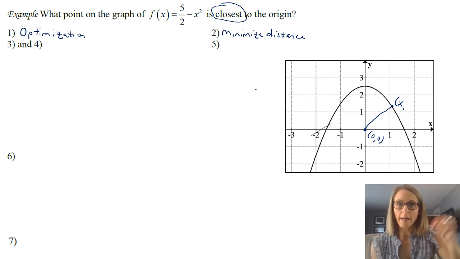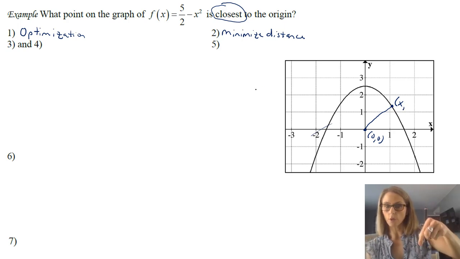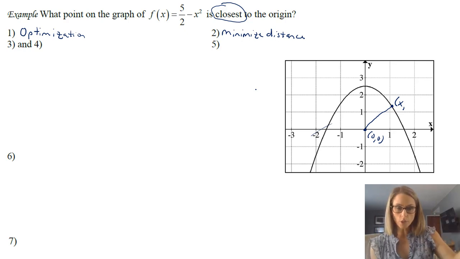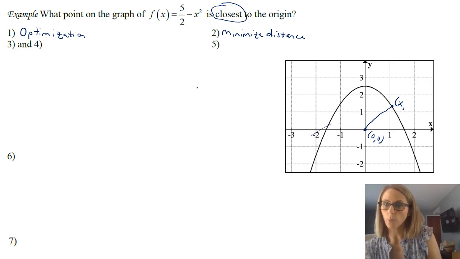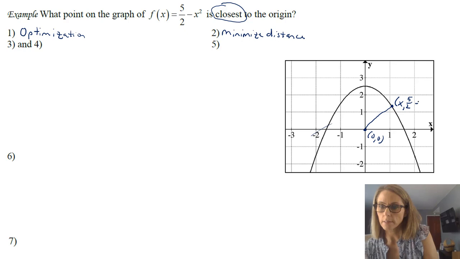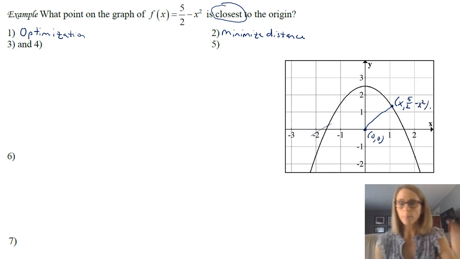But remember, y is just whatever the function values are, and in this case the function is 5/2 minus x squared. So we can also just write 5/2 minus x squared for the y value, and that puts us into one variable very quickly, which we do like to be able to do.